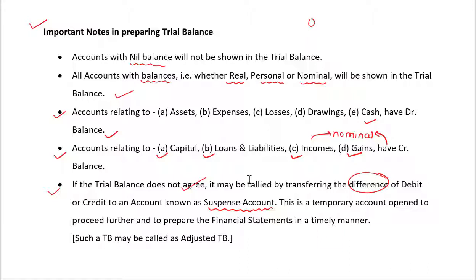You should understand one thing, my dear students, that this suspense account is a temporary account and it will be closed at the end of the year. So it is just opened to make corrections in the trial balance. Such a trial balance may be called an adjusted trial balance. I believe it is crystal clear to all of you.